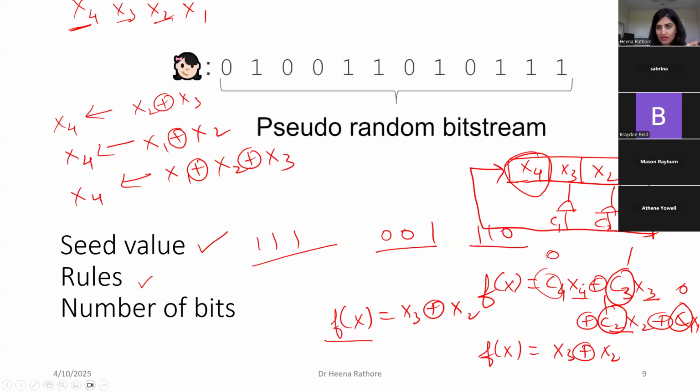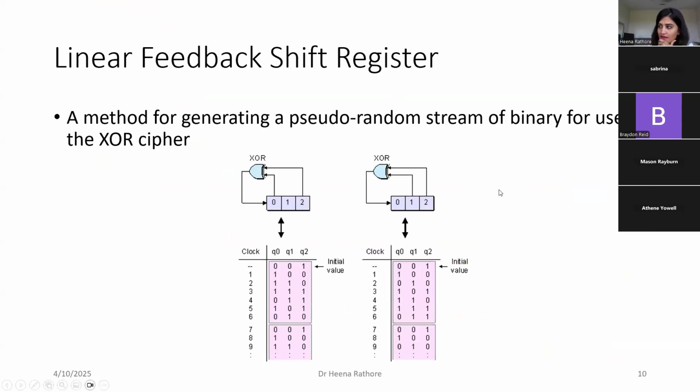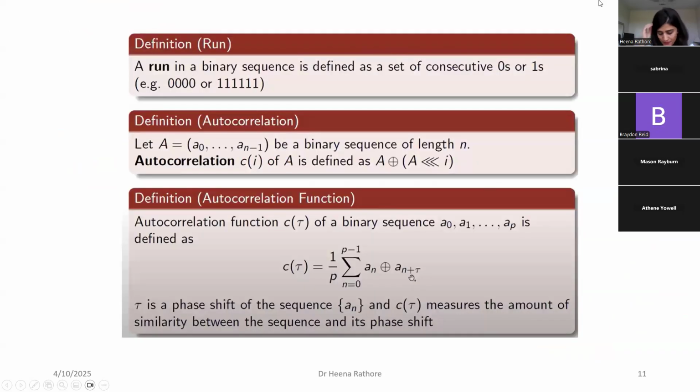Now, circling back to the final thing, this is a linear feedback shift register: a pseudo-random stream of binary for use in an XOR operation. But as I mentioned, you also have to verify that the output being generated is actually highly pseudo-random or not.